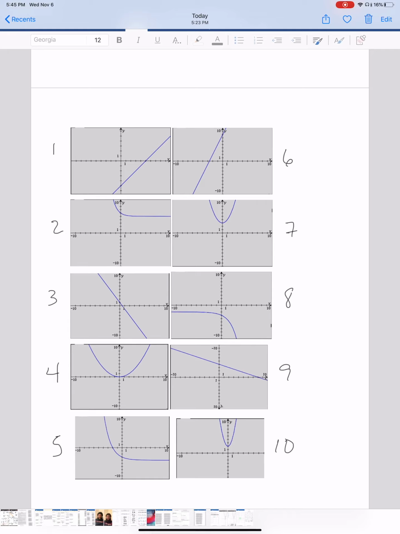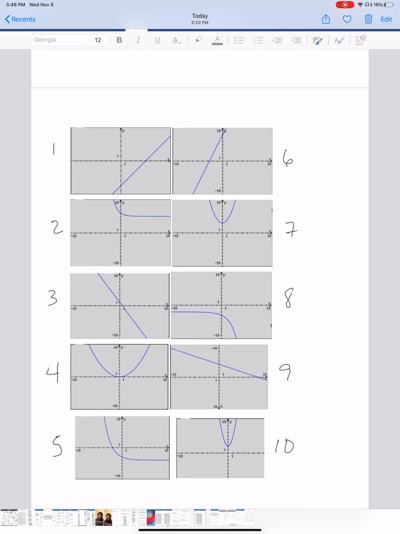About time. So I see the only lines I see are graphs 1, 6, and 9. 9 is the only one that has a negative slope. Well, no, I'm sorry.